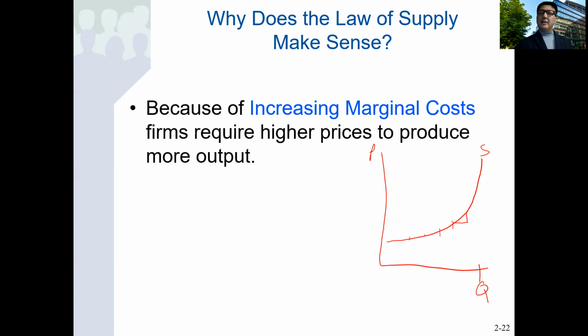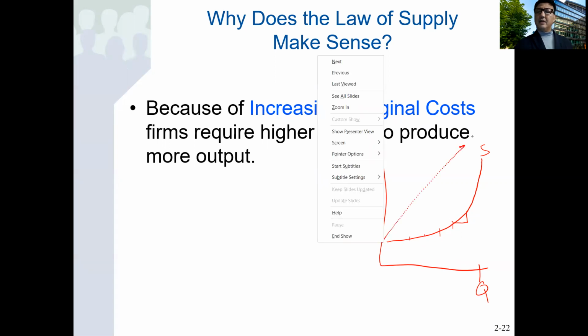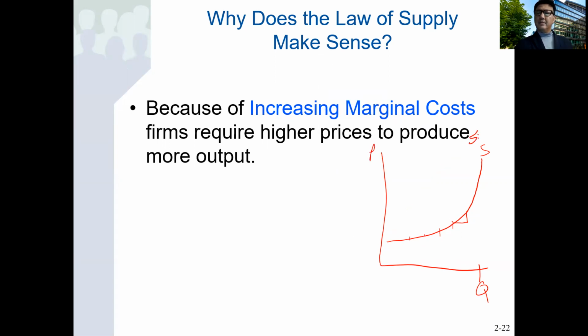Now, if the supply curve looks like a straight line like this, there is no increasing marginal cost, because marginal cost is always going to be the same no matter what. The difference in cost per unit between producing 10 orange juices versus 30 orange juices is the same.